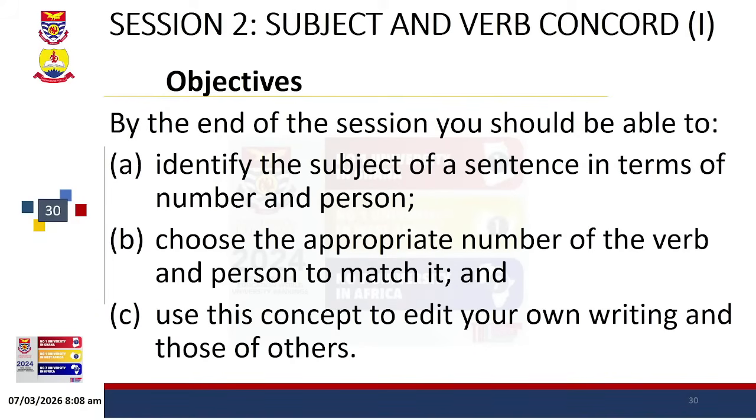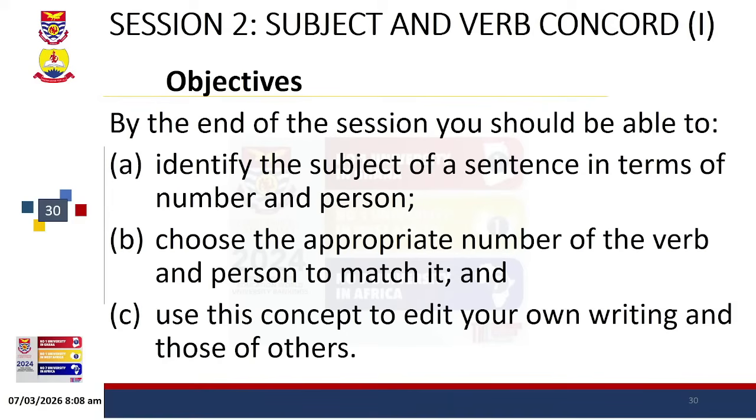As we learn to construct or write sentences out, there is something mechanical about a sentence that we need to know. And that is how subjects agree with verbs. We call it subject-verb concord.